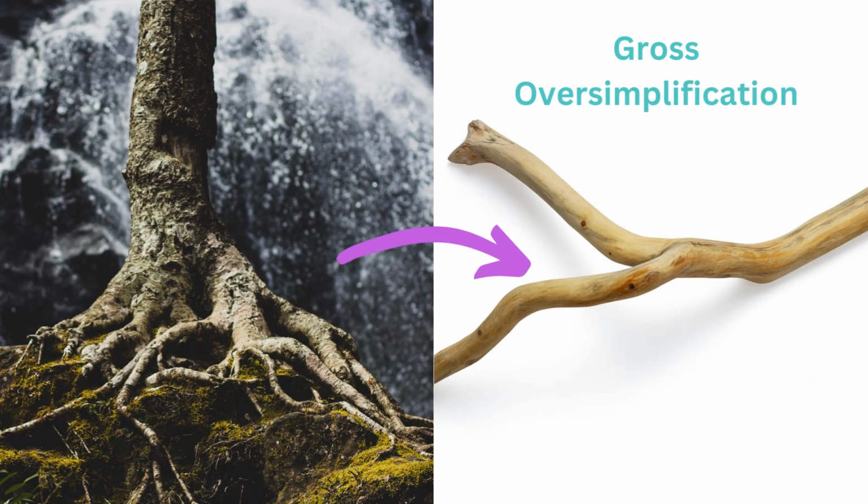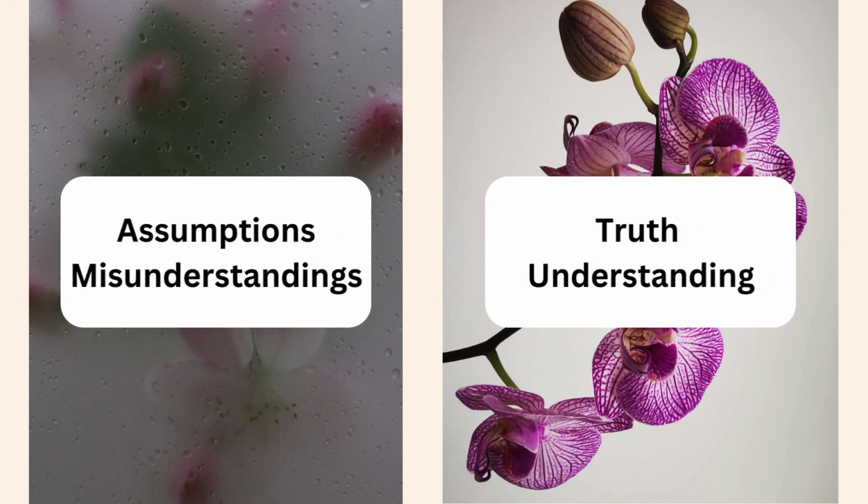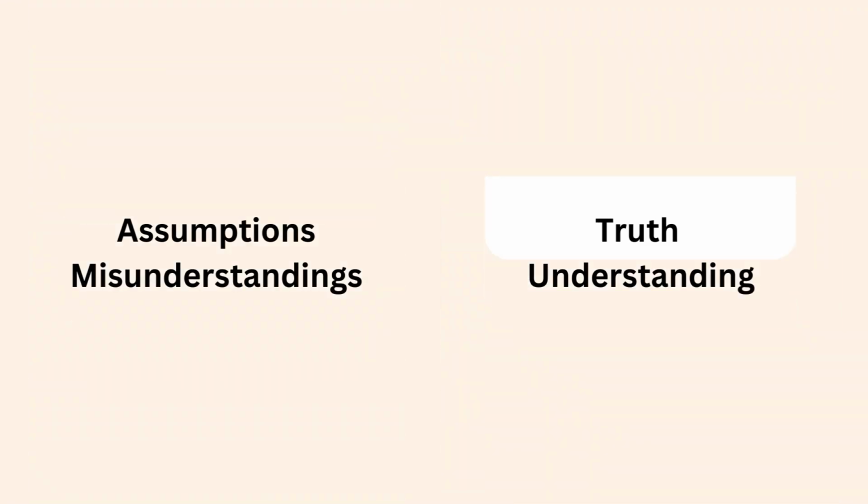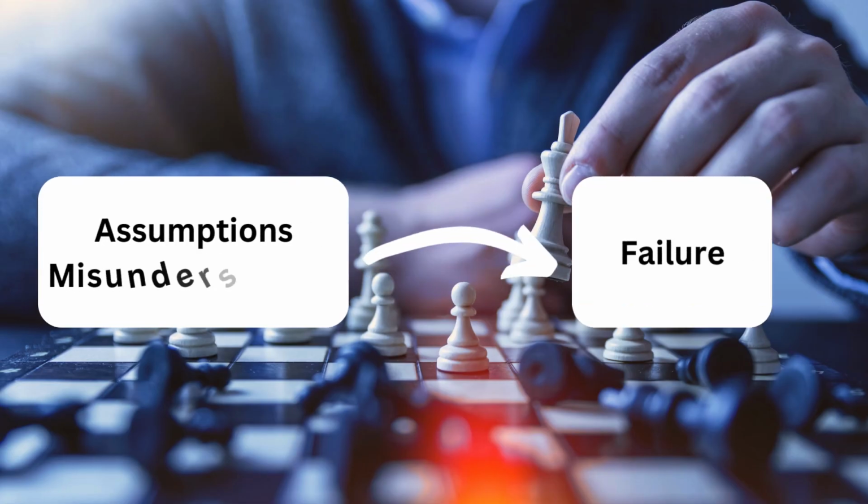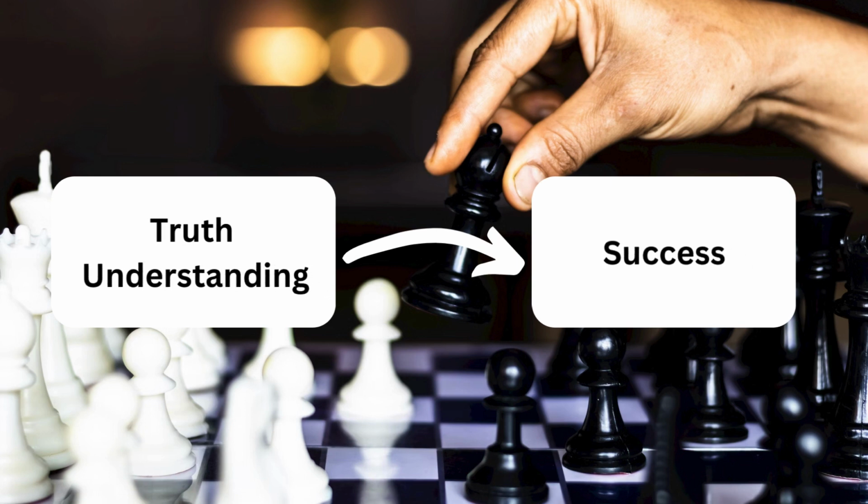And when we grossly oversimplify, we cannot understand the truth of a situation. Without proper understanding, any action plans we create to change the situation will likely fail. So, again, avoid oversimplification and always consider alternative factors and perspectives.